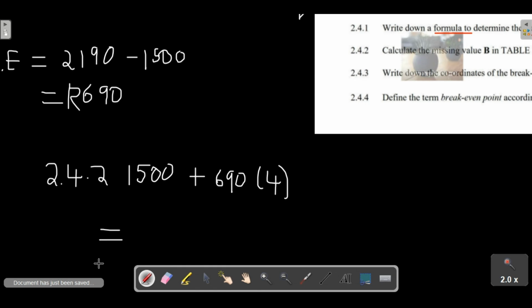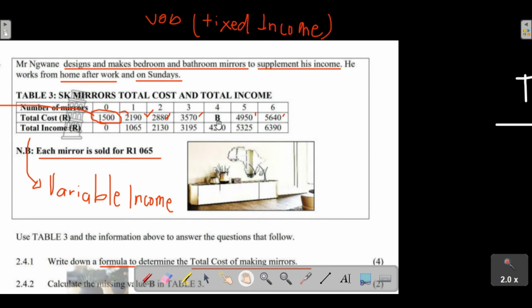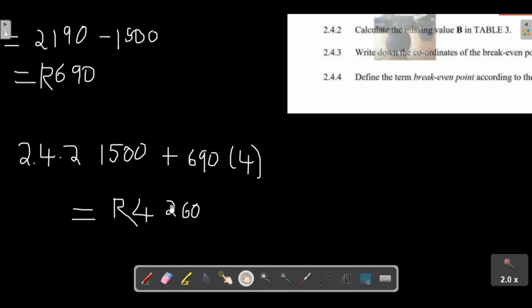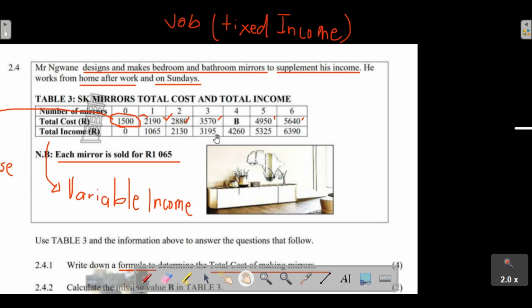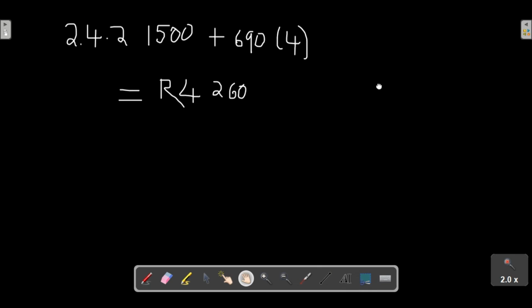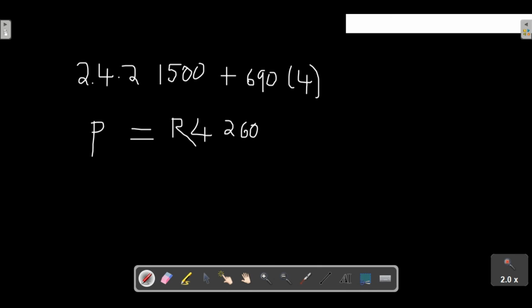So that's going to be 4,260 rands. So that is the cost to make 4 mirrors. And it makes sense here, guys, you also have to look at that. So 4,260 is indeed in between 3,500 and 4,900. So that is B. That's how we calculate B.